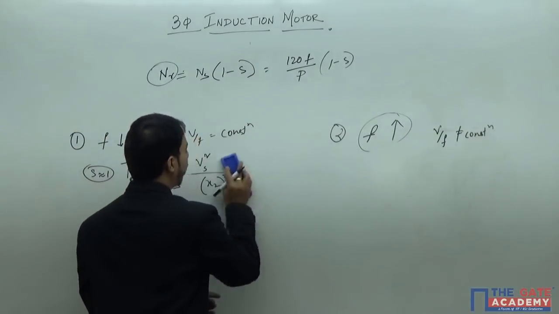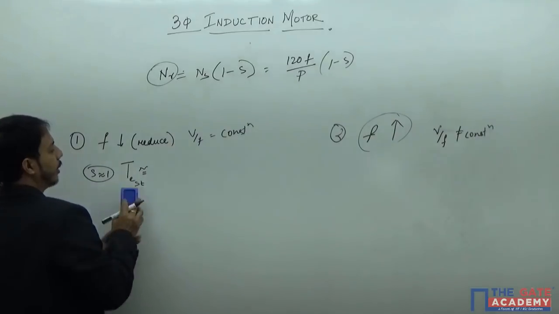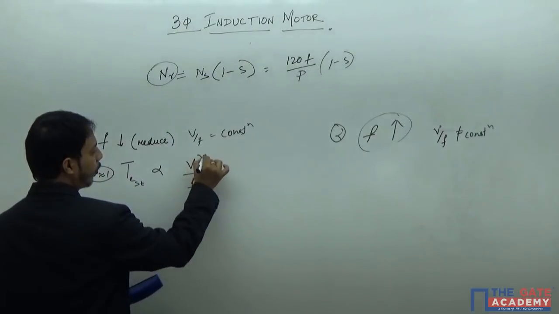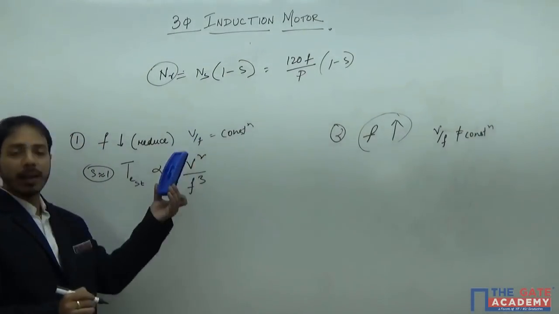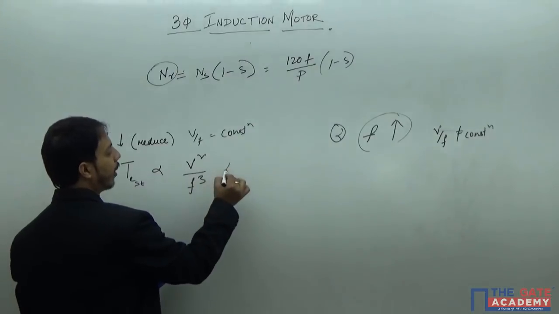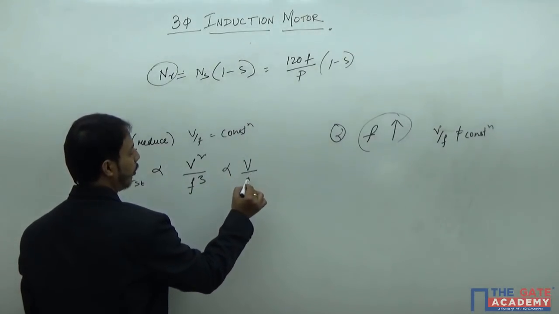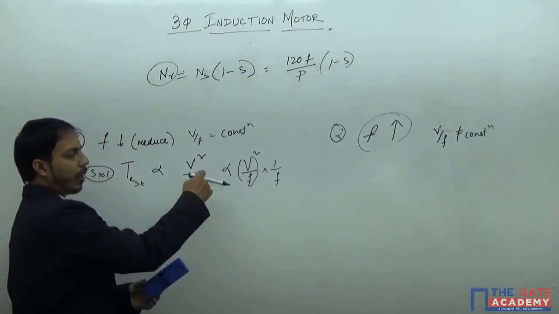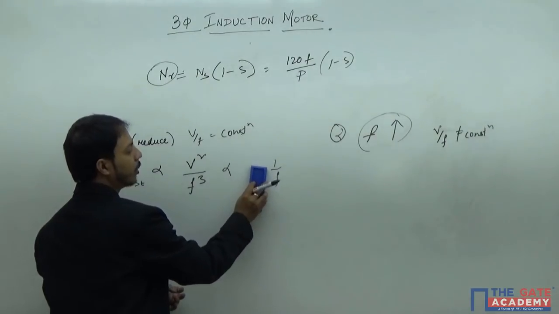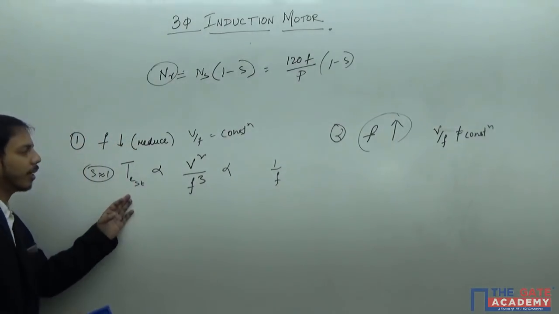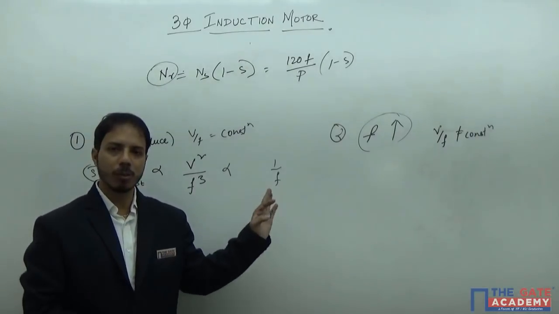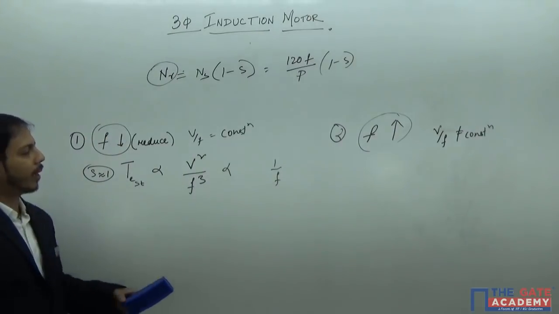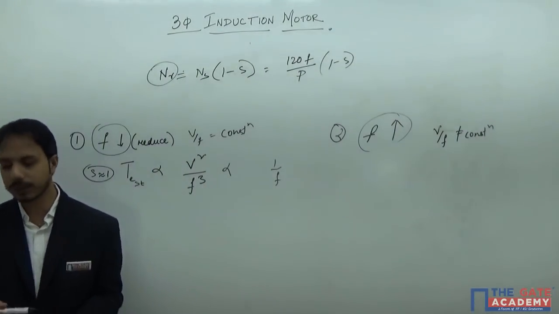So ultimately this is proportional to V square by F cube. Now we know that V by F is constant, so this ultimately becomes V by F whole square into 1 by F. Since V by F is constant, I can remove this V square and say that my starting torque is inversely proportional to frequency. That means if my frequency reduces, my starting torque increases.